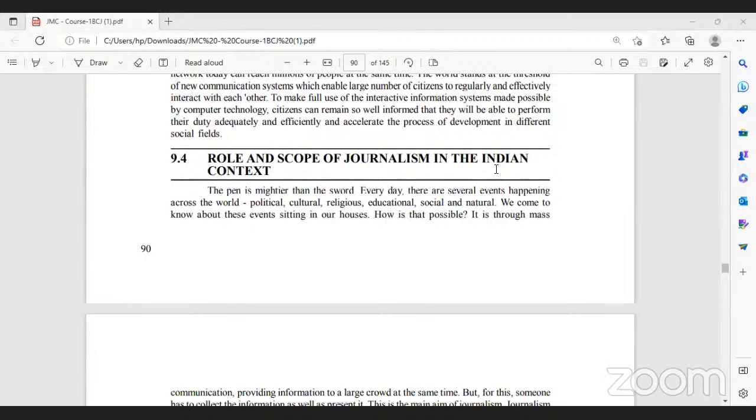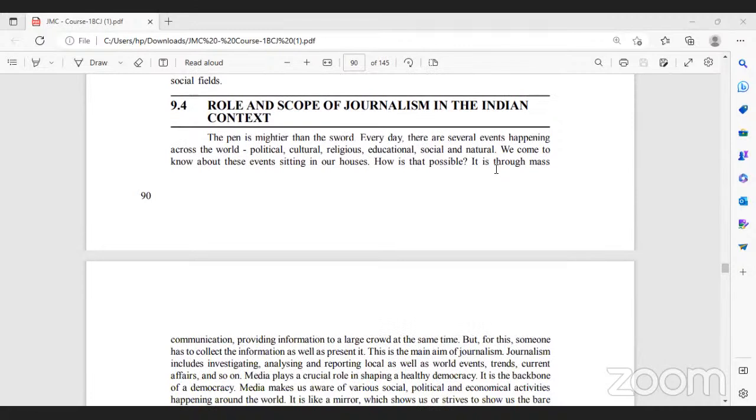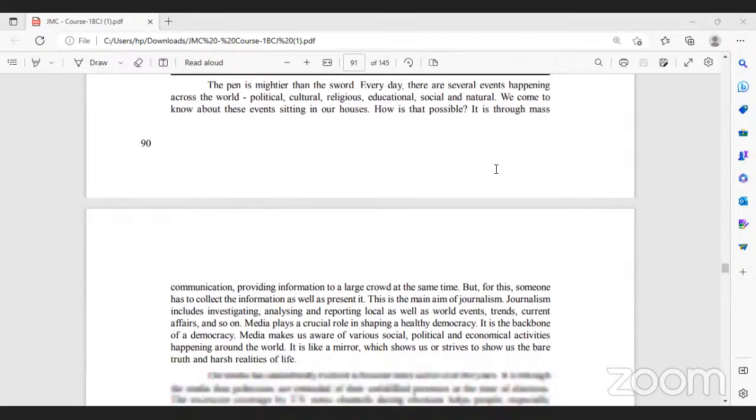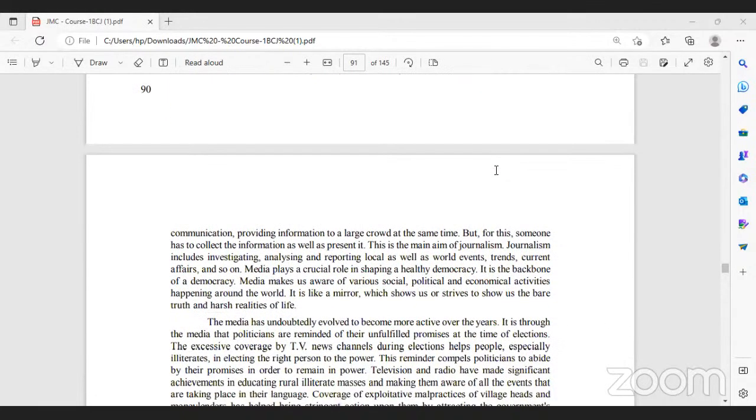Now let us understand the role and scope of journalism in the Indian context. As we say, the pen is mightier than the sword. There are several events happening that are political, cultural, religious, educational, social, and natural. How do we come to know about this? We come to know only with the help of the media.